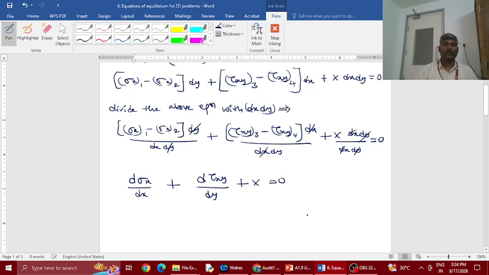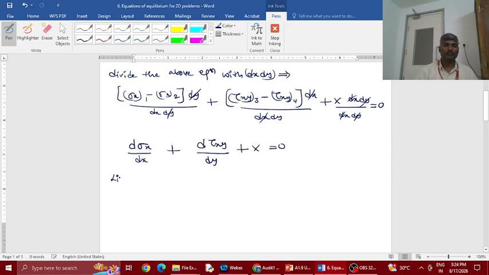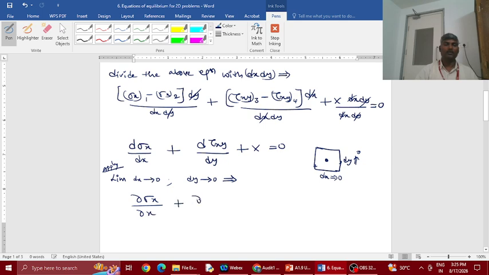Now if you apply the limit dx tends to 0 and dy tends to 0, as the size of the element you are making into a point by shrinking it, then mathematically it becomes the partial derivative: dou sigma x by dou x plus dou tau xy by dou y plus X is equal to 0.